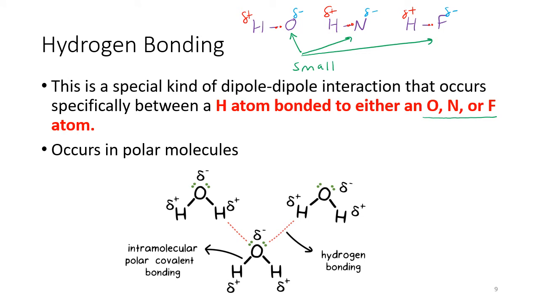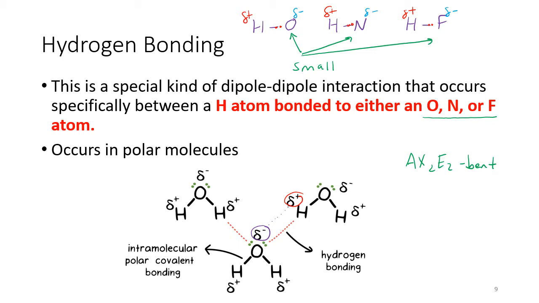If we imagine water, H2O, it has an AX2E2 bent structure, and it can actually form multiple hydrogen bonds per molecule. The partial positive on a hydrogen will interact with the partial negative on an oxygen in another molecule. This is considered a hydrogen bond between those two molecules.